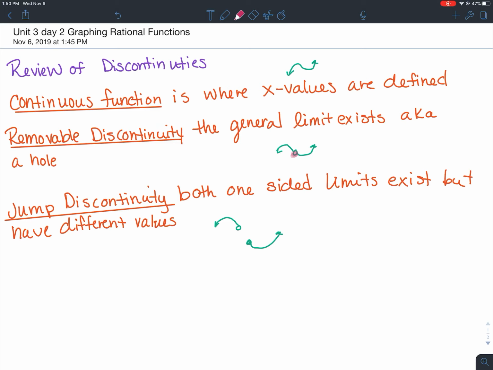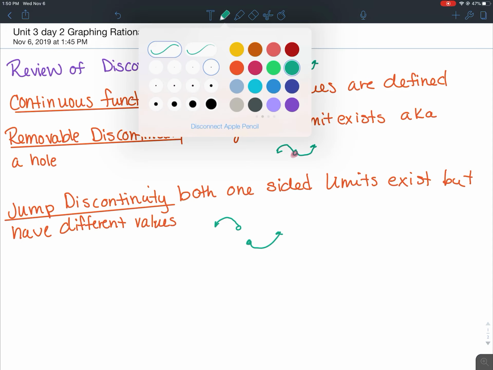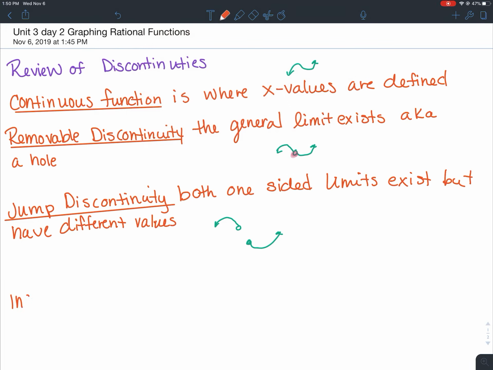All right, and then the last one, it's got 2 words. It could be called an infinite discontinuity or an asymptotic discontinuity.